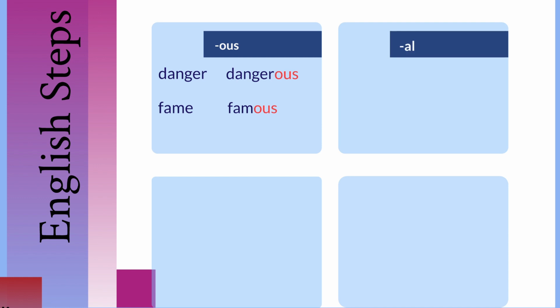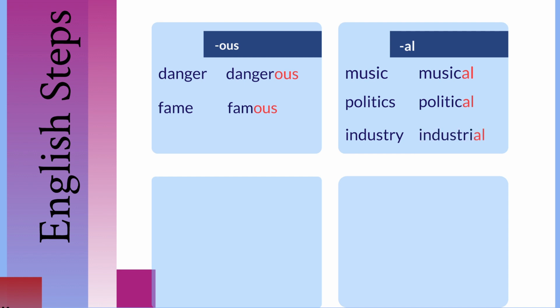The second suffix is AL. For example, the word music becomes an adjective by adding the suffix AL. It becomes musical. Politics also becomes political. Industry becomes industrial.